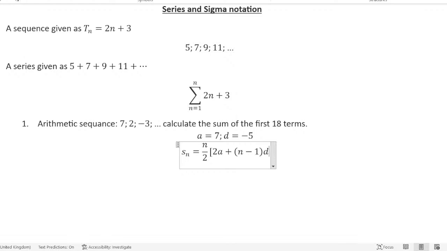This is a general formula for calculating the sum of an arithmetic series. So you just substitute the values.